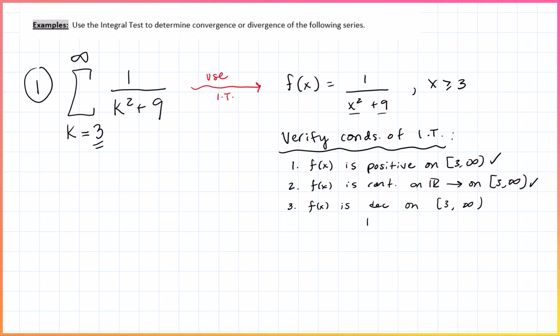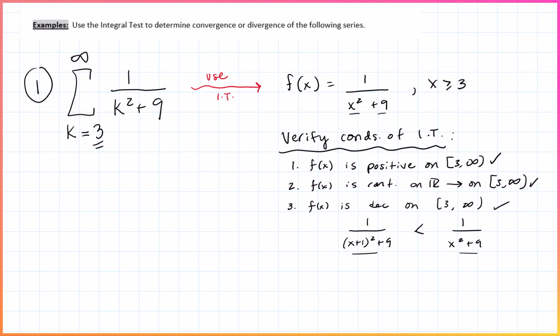If we think about 1 over x plus 1 squared plus 9 and compare that to 1 over x squared plus 9, this denominator is larger than this denominator. Therefore, the reciprocal 1 over x plus 1 squared plus 9 has to be smaller than 1 over x squared plus 9, meaning that the terms of the series and the function itself are definitely decreasing. So this is a decreasing function.